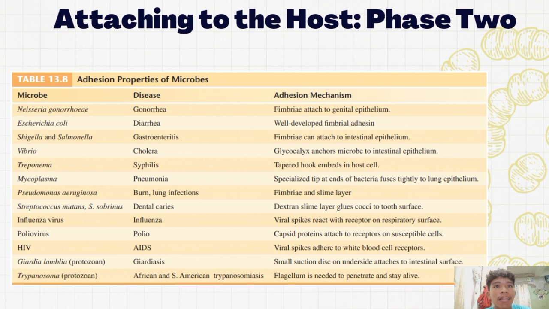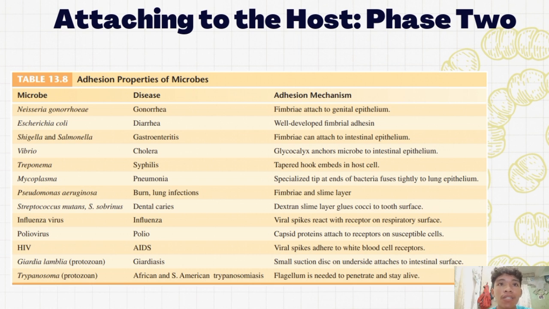Escherichia coli, disease: diarrhea. Adhesion mechanism: fimbriae adhesins. Special molecules on its fimbriae help it stick. Shigella and Salmonella, disease: gastroenteritis. Adhesion mechanism: fimbriae attach to intestinal epithelium. So fimbriae help it attach to the intestines.